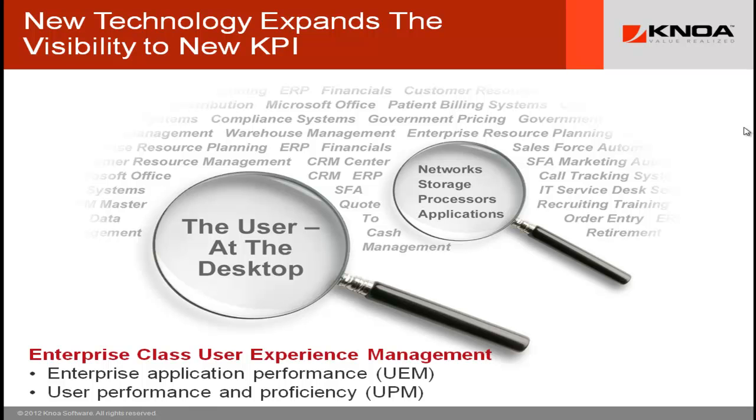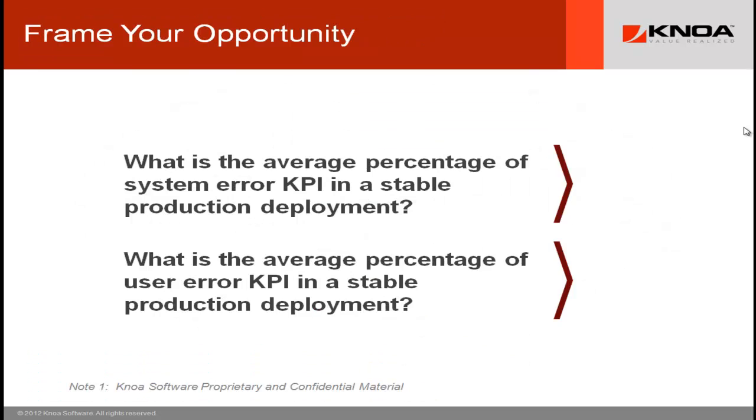You've got a lot of APM tools that tell you what's going on. And the technology that provides a view for the user and enables you to reach these new application adoption savings revolves around user experience management and user performance management.